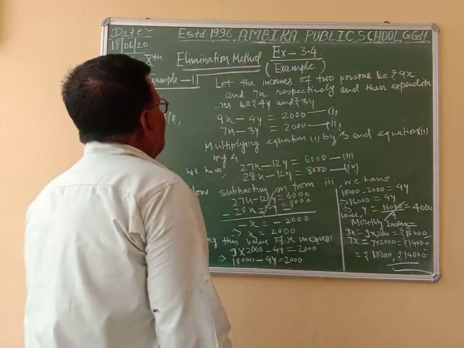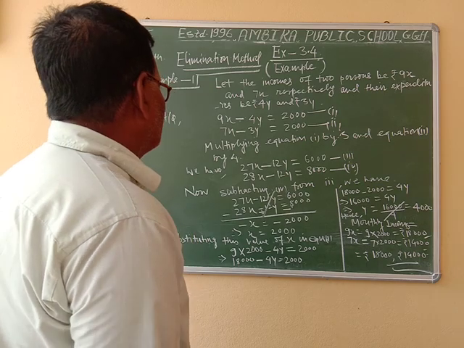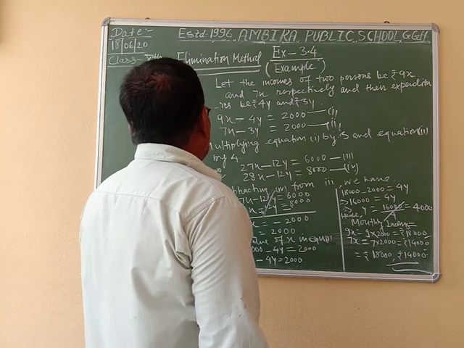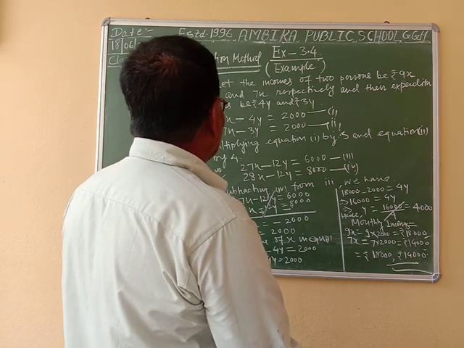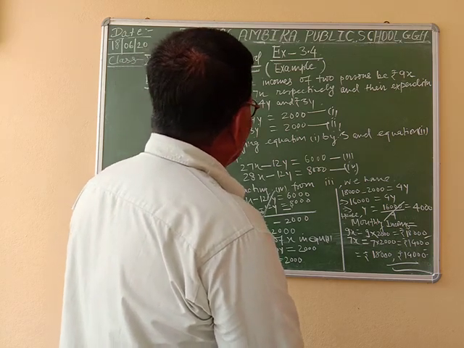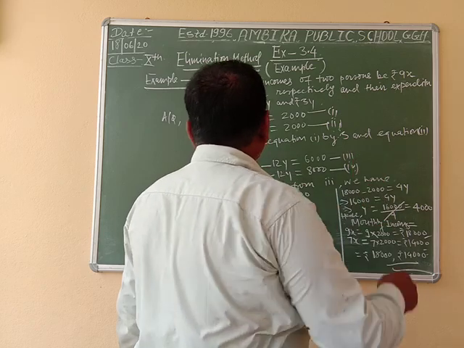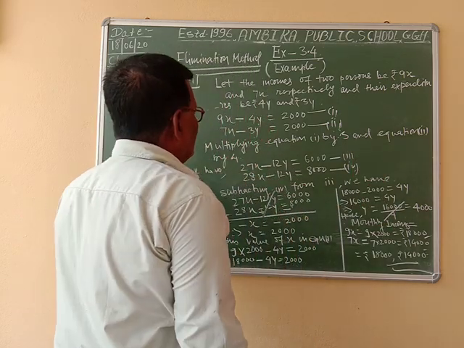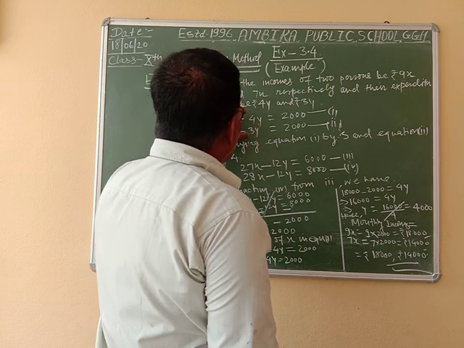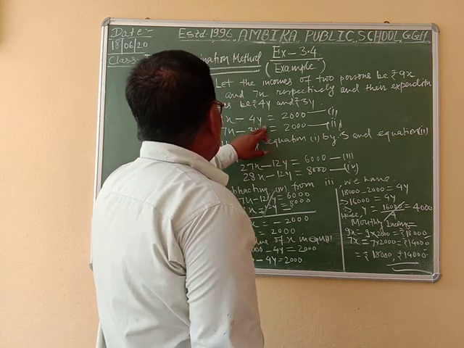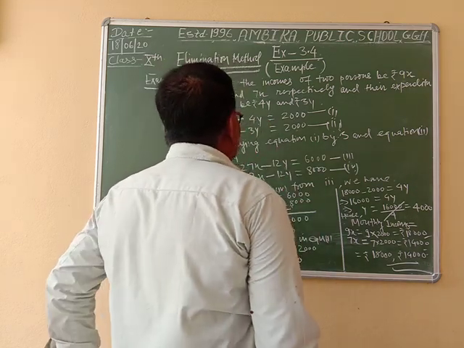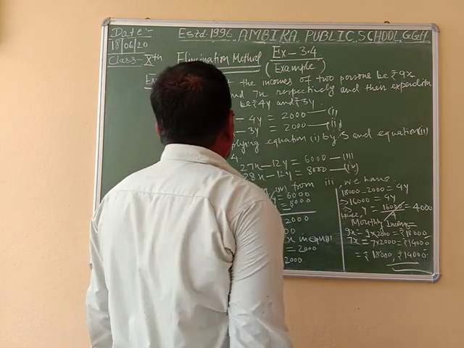By solving it by the elimination method, we make equal the coefficient of either x or y in both of the equations. So we multiply equation 1 by 3 and equation 2 by 4, because in equation 1 the coefficient of y is minus 4 and in equation 2 the coefficient of y is minus 3.